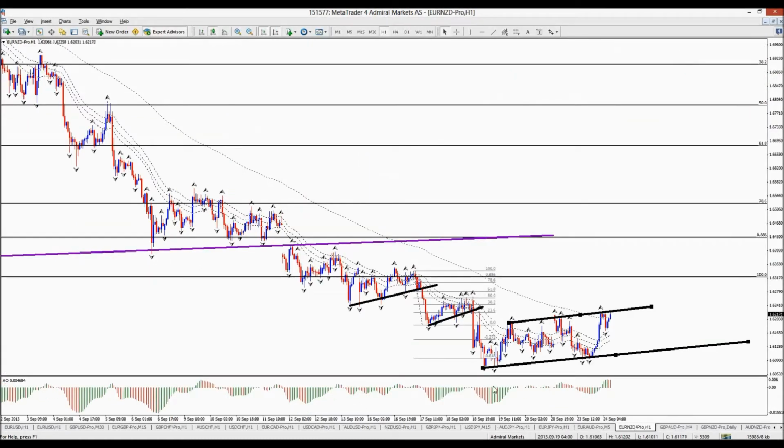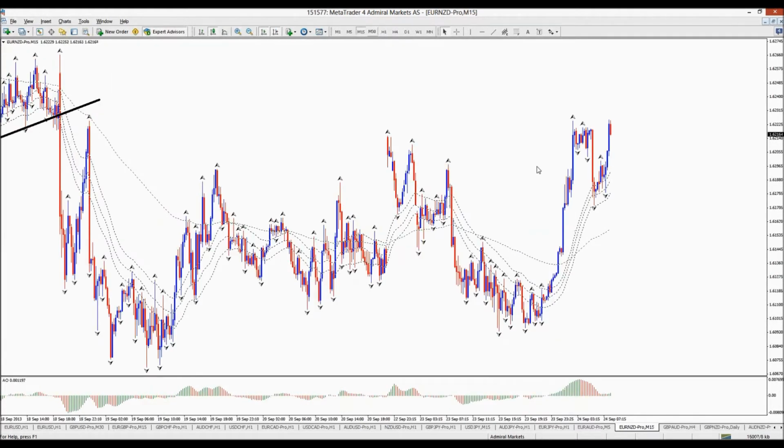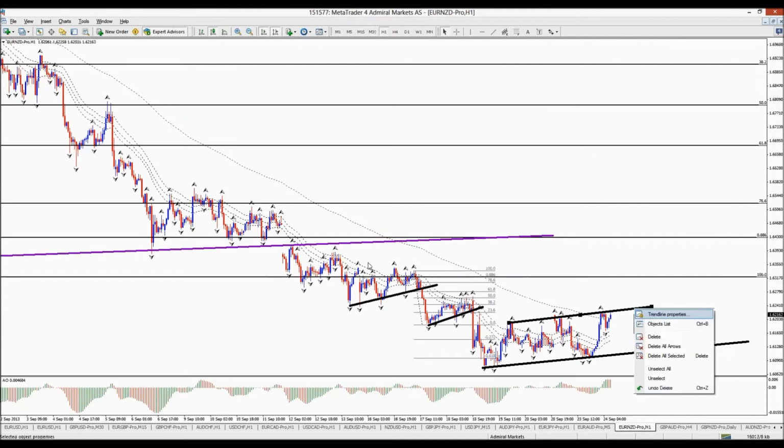Euro New Zealand is also breaking to the upside, maybe. Let me put this line on the lower time frame as well.